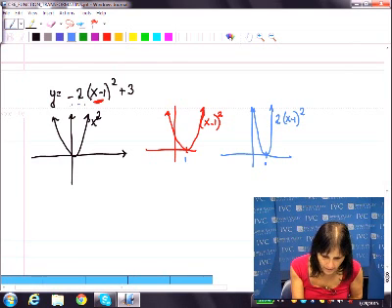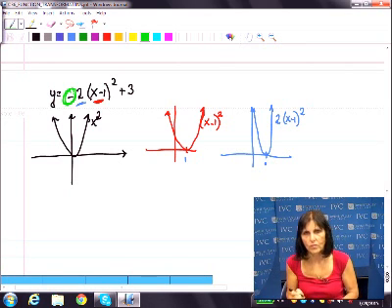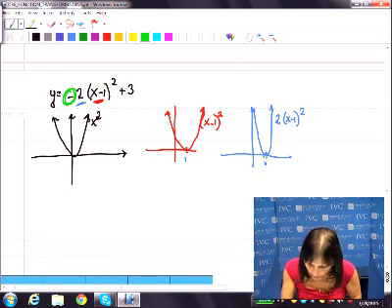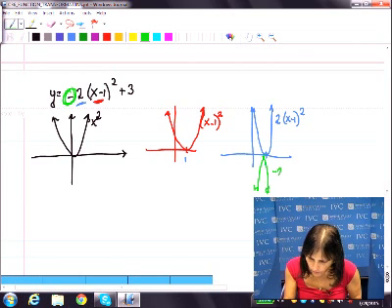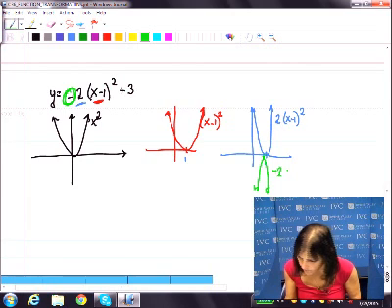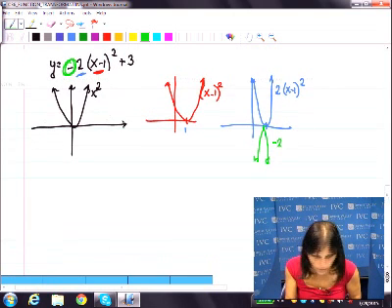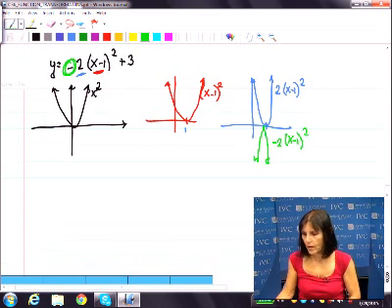So I did that. Now I'll deal with this negative. What does this do? Upside down. How about I put it in the same graph? Negative 2 times x minus 1 squared. Okay?